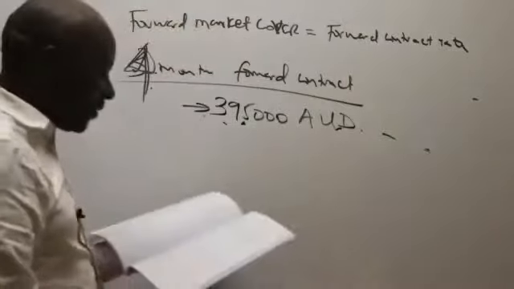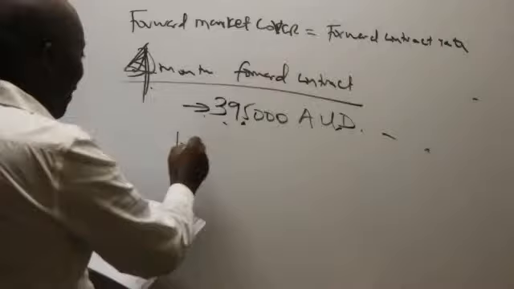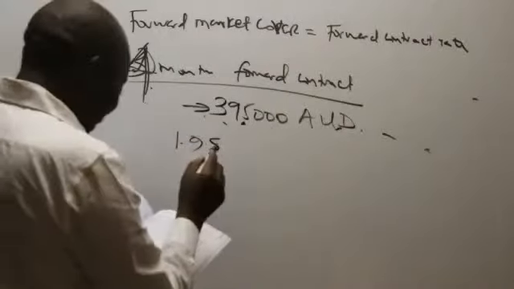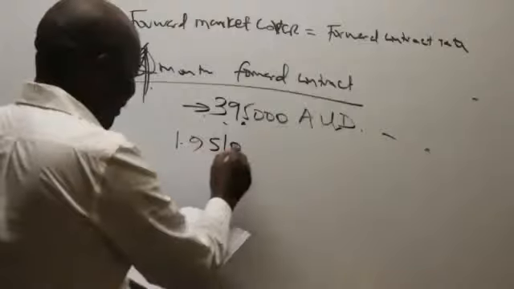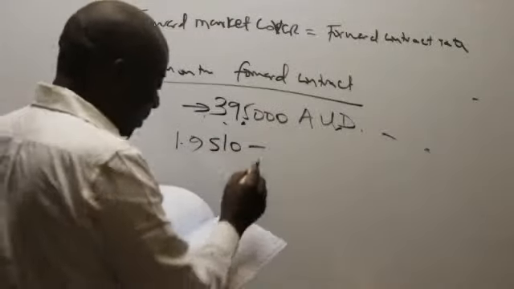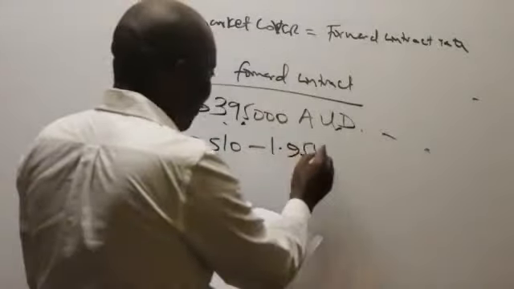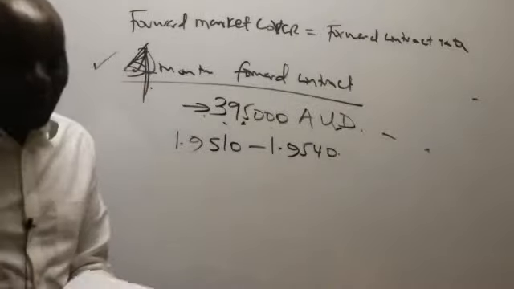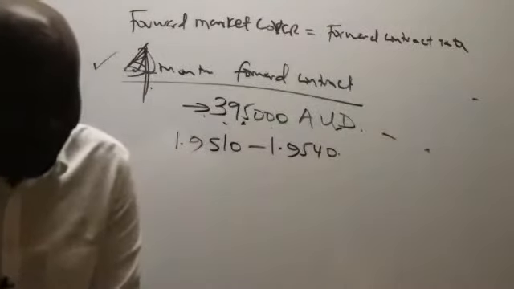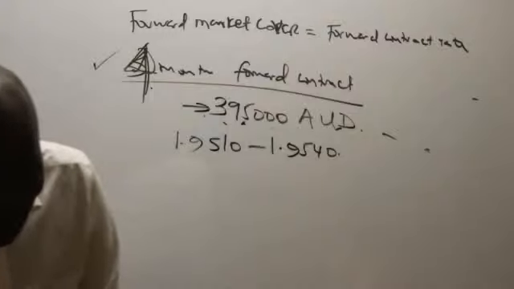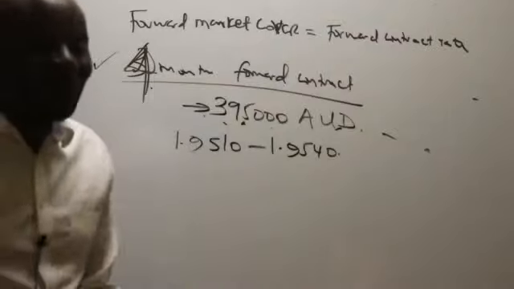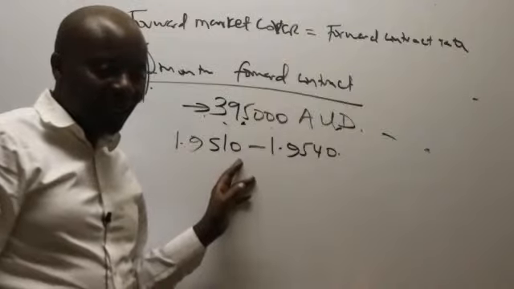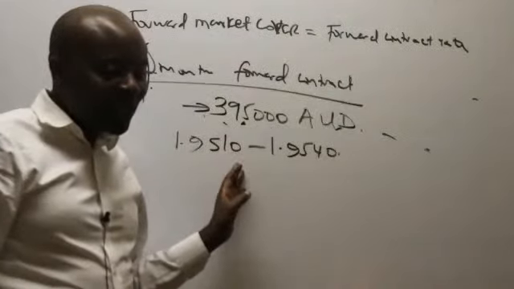So we have here 1.95, 1.9540, because it's 4 months. 4 months contract. I hope you guys are able to see this 4 months contract rate. Are you able to see this 4 months contract rate?